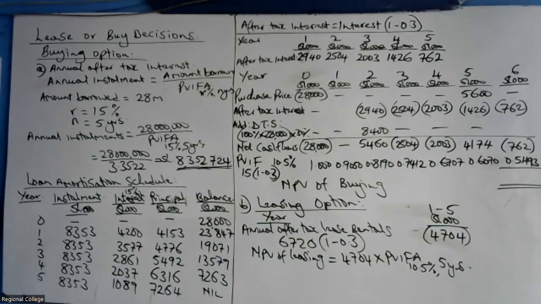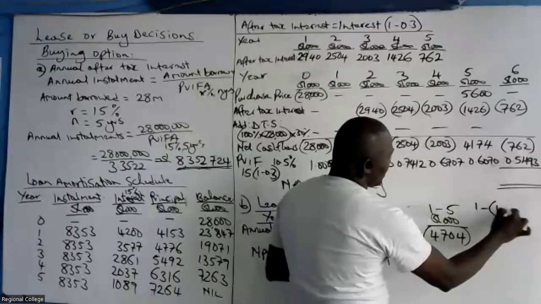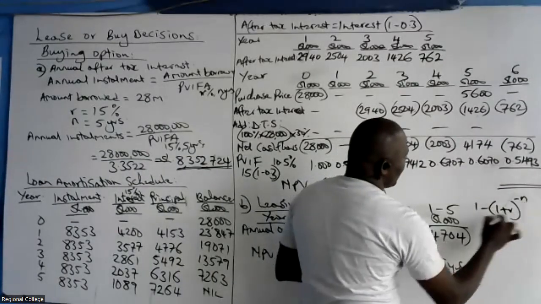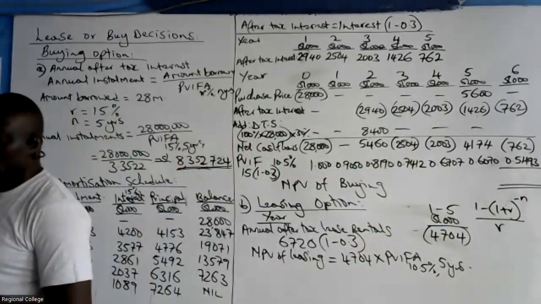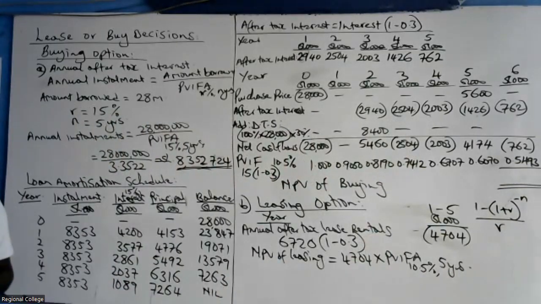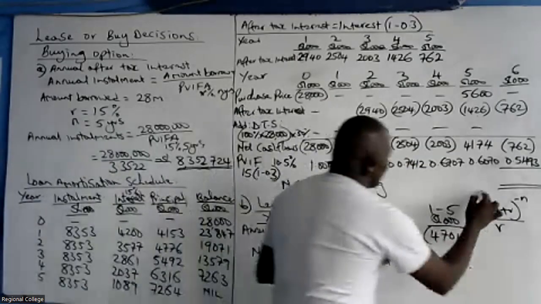Right? Remember the formula of annuity? Yes. 1 minus 1 plus r raised to a negative n, over what? Over r. So that's our annuity formula.